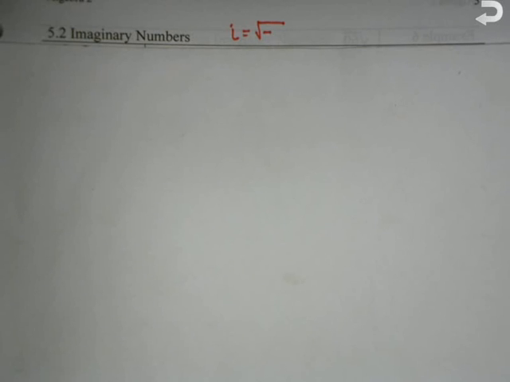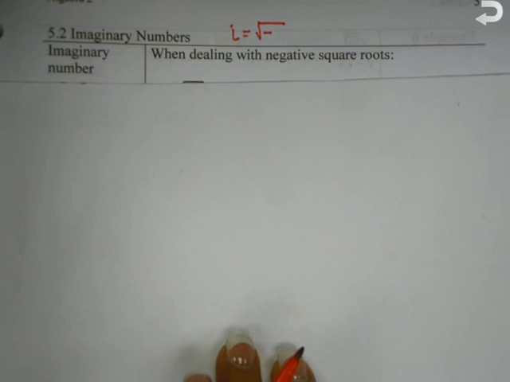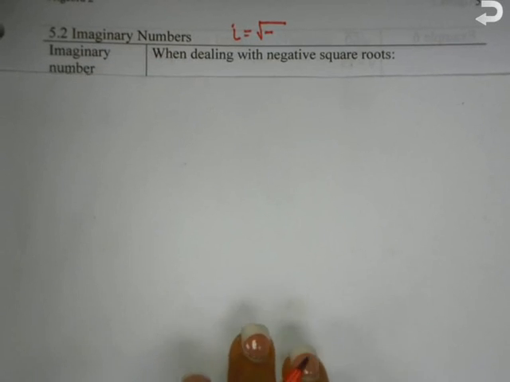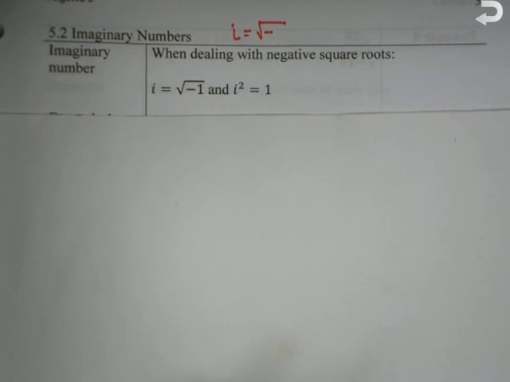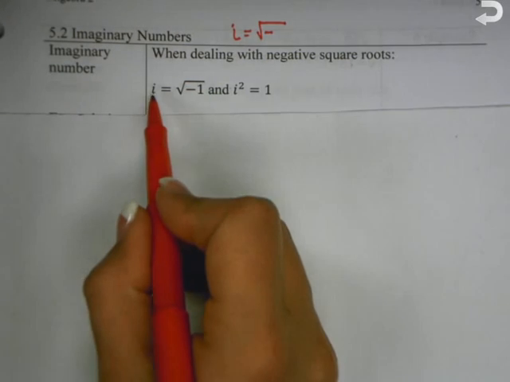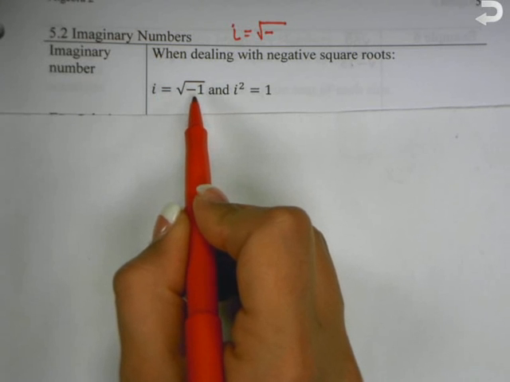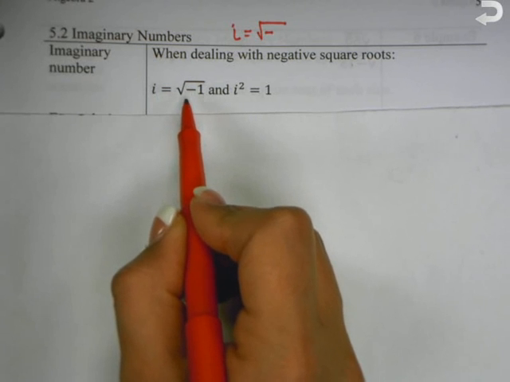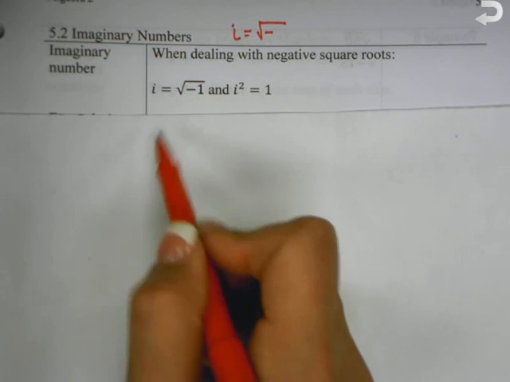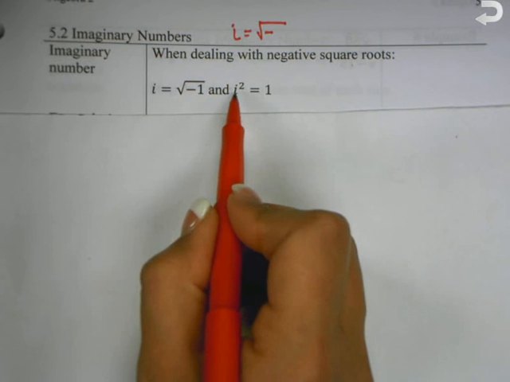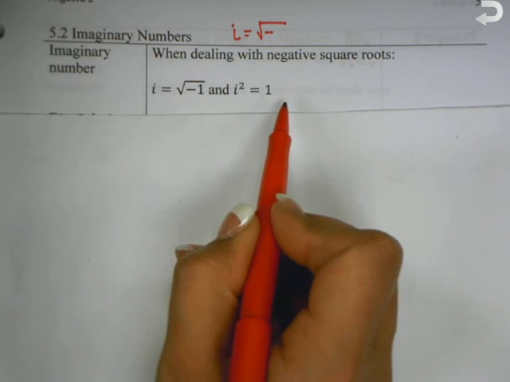Now we can. So, the imaginary number, when dealing with negative square roots, I, the symbol I, equals the square root of -1. So if I is the square root of -1, I squared equals -1.